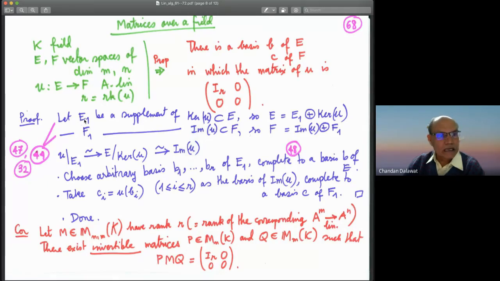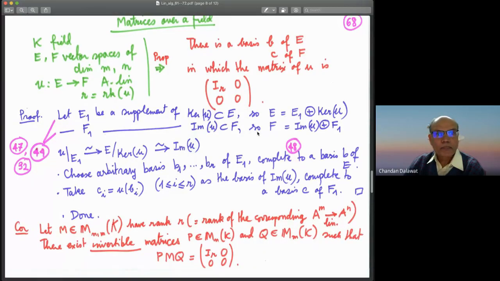So take a supplement E1 of the kernel of U inside E. So this E will be written E1 direct sum the kernel of U, and take a supplement F1 of the image of U inside F. So F is going to be the direct sum of the image of U and F1. And I've written these numbers here, 47, 44, 40, 32, etc., to recall that taking a supplement is not obvious. So we have established that supplements exist, right?